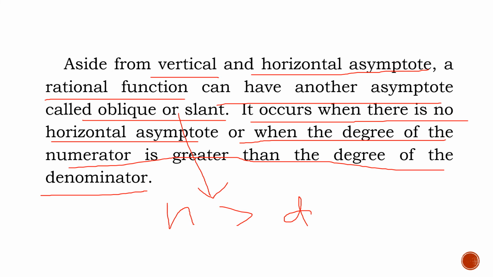You need to take note of that: when n is greater than d, there is an oblique or slant asymptote in your rational function.